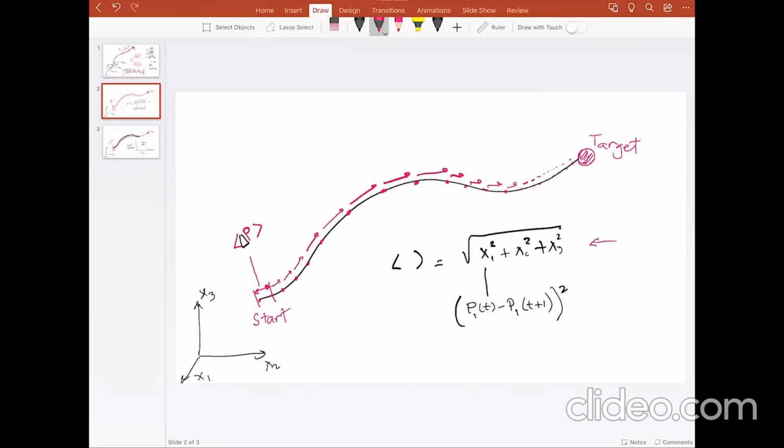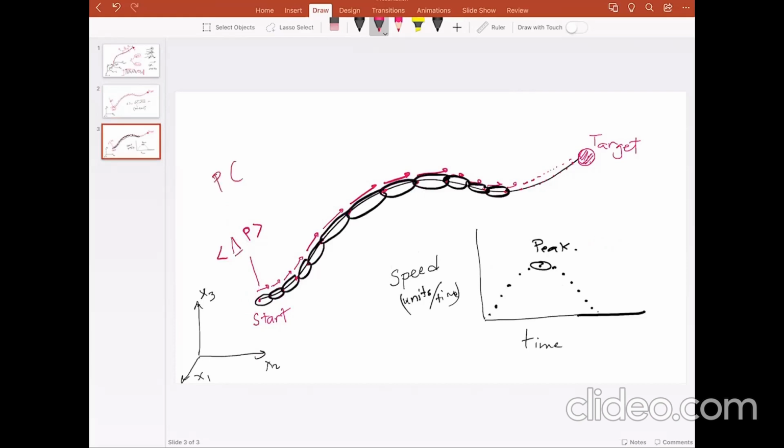So if we were to call the components of P x1, x2, and x3, and then the component of the delta. So this is P1 and P2 at time T1 and time T2. And so for the components of P1, you have x1, x2, and x3 at time T. And P2 is x1, x2, and x3 at time T plus 1.